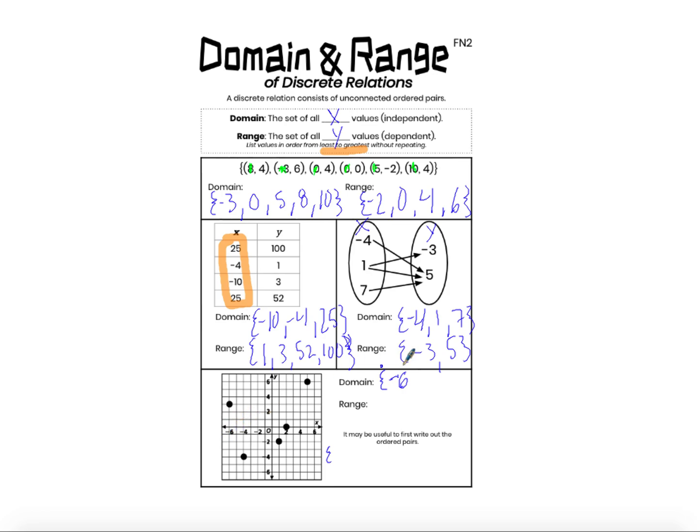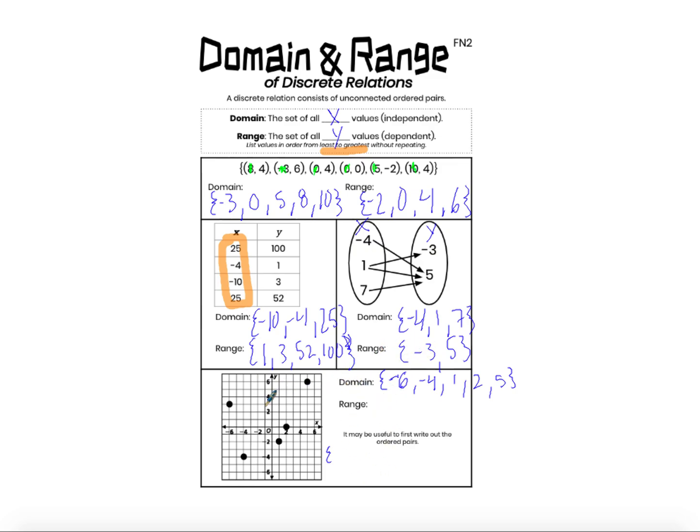There is a point when x is -4. -3, no point there. -2, no point. -1, nope. 0, nope. 1, yes. So when x is 1, there is a point. This point has an x coordinate of 1. Continuing going, and there's 2. 3, no. 4, no. 5, yep. There's a point when x is 5. That means 5 is in the domain. 5 is a possible x value.